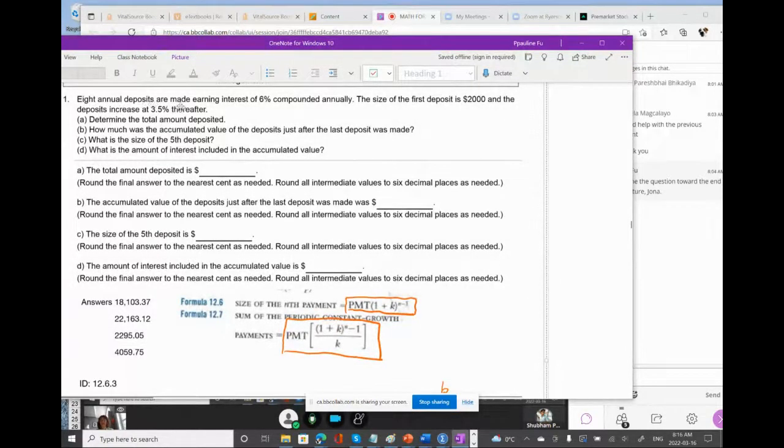8 annual deposits are made earning interest 6% compounded annually. The size of the first payment is 2,000 and the deposits increase at 3.5% thereafter.